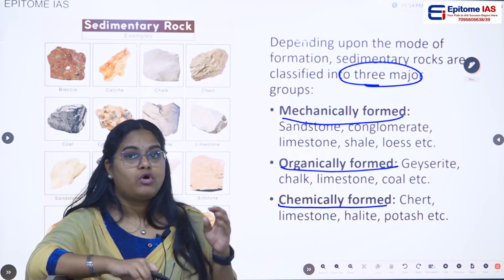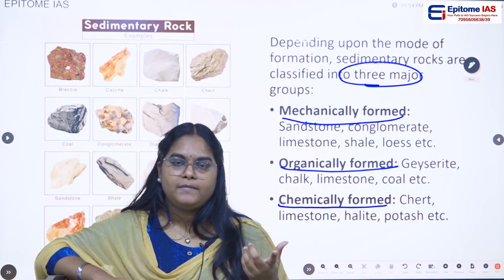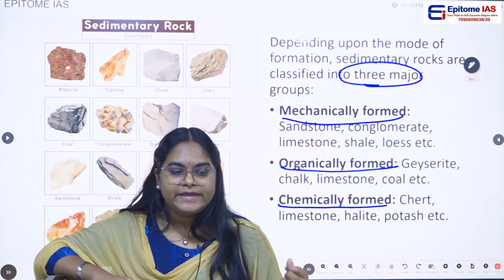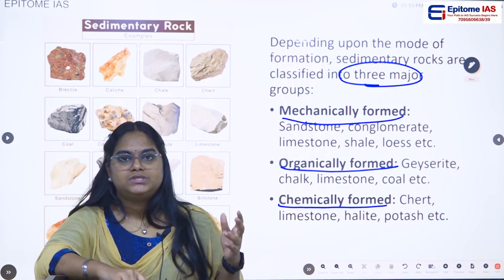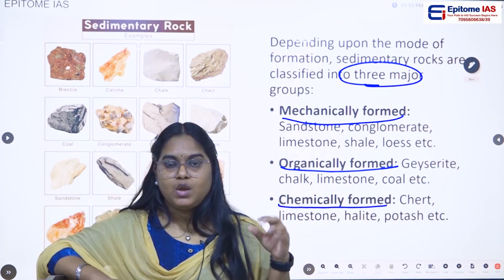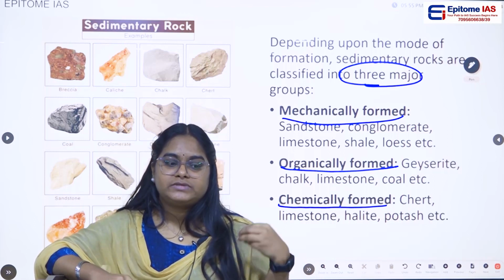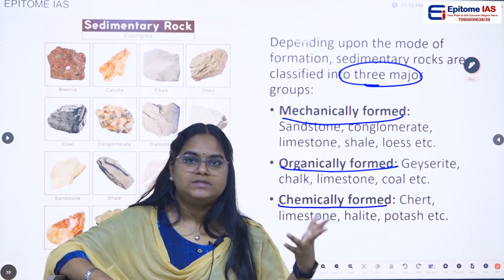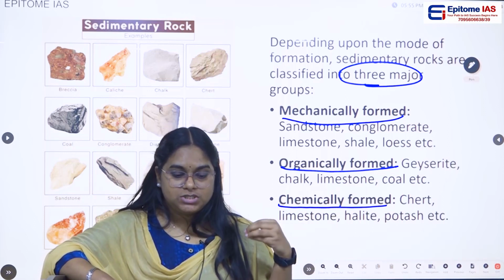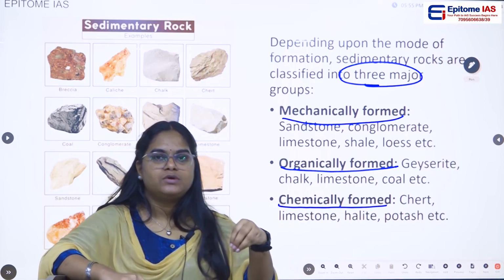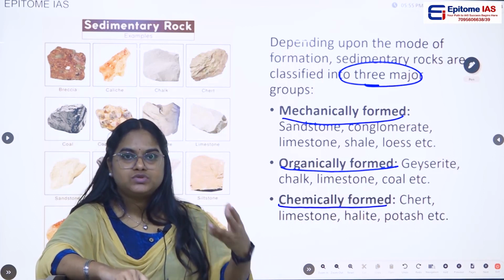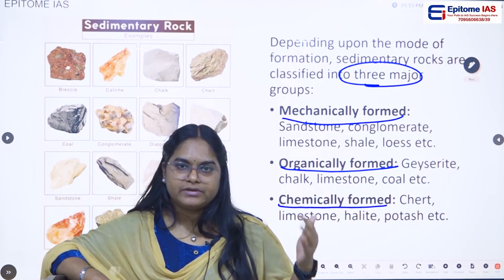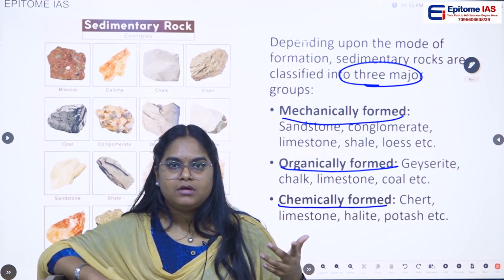And the second type is organically formed sedimentary rocks. What are these organically formed sedimentary rocks? Along with the sediments, sometimes the dead plants, dead animals, dead corals, just like this, the organic things are also going to form some of the sediments, right, after the erosion, after the weathering.